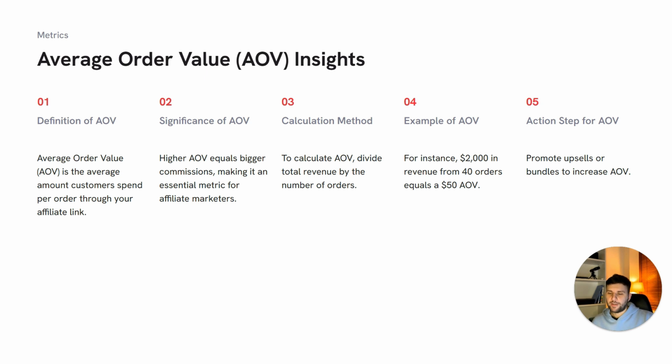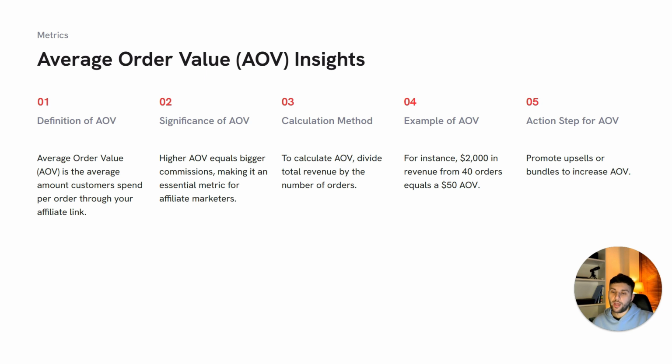Now, the next thing, which is AOV, aka average order value. So what is it? Average order value is the average amount customers spend per order through your affiliate link, right? The reason why it's so important is because higher AOV equals bigger commissions, which is essential for affiliate marketers.